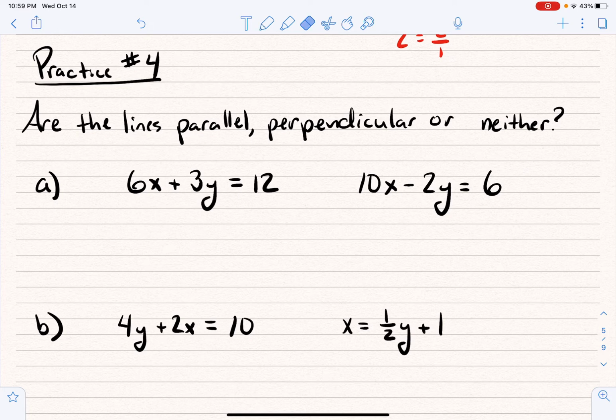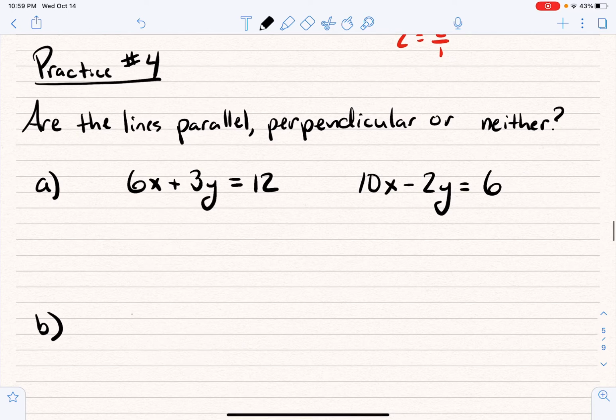And then for the second set, we'll say this first one is x is equal to 1/4 y plus 1.